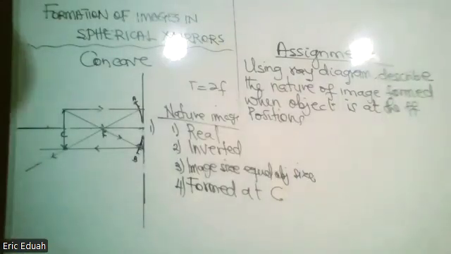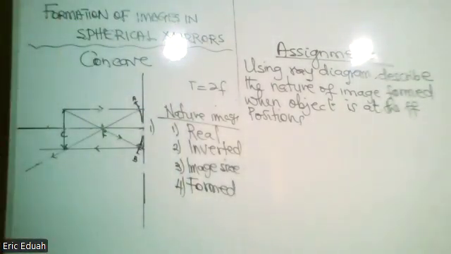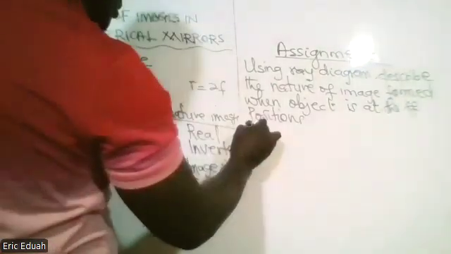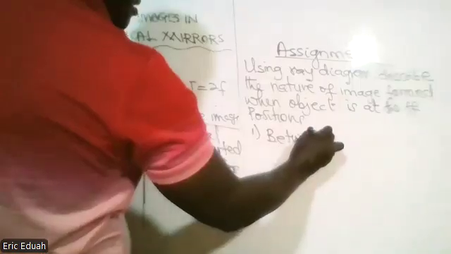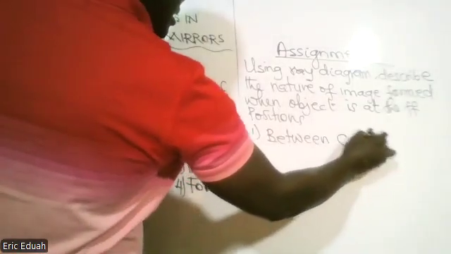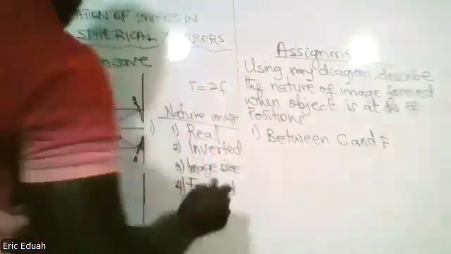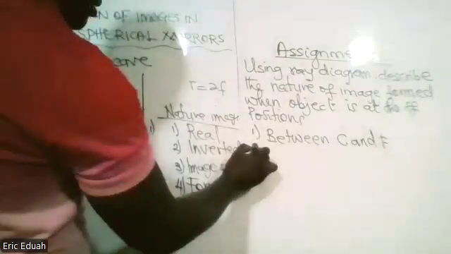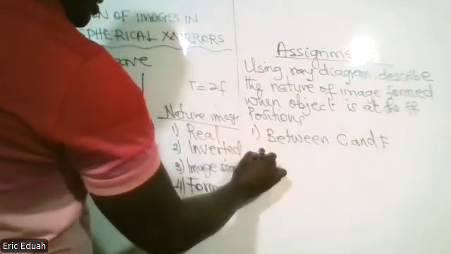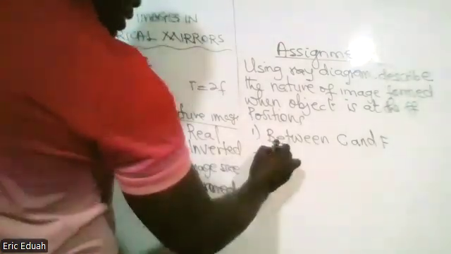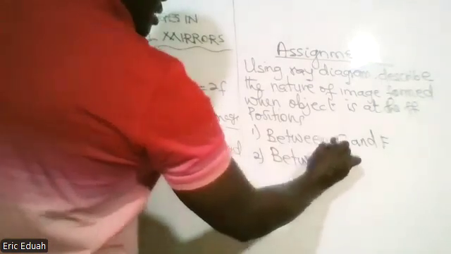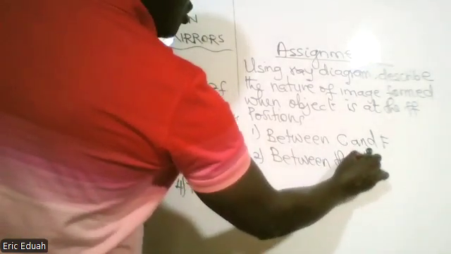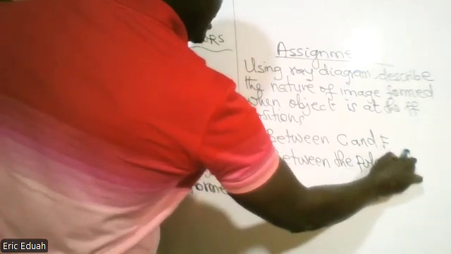One, between C and F. Then two, between the pole and F.